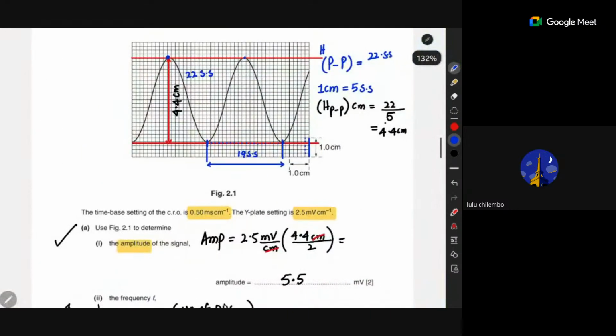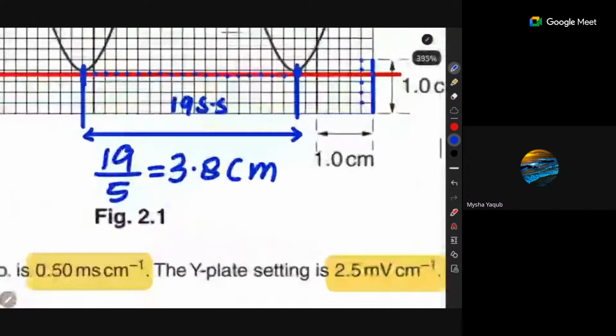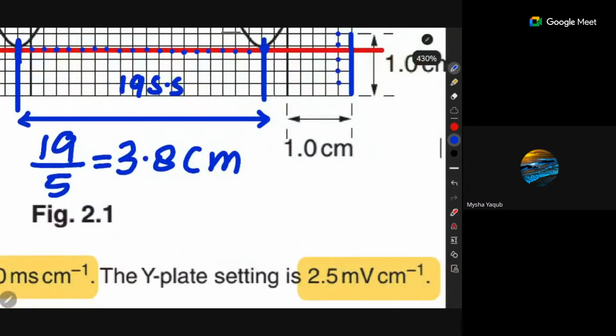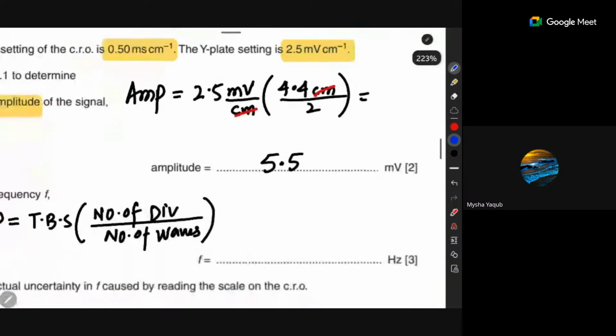So what will that be in centimeters? 19 divided by 5 is 3.8 centimeters, because 1 centimeter is 5 small squares. Sorry, it is starting from here: 1, 2, 3, 4, 5. So it is again 3.8 centimeters.